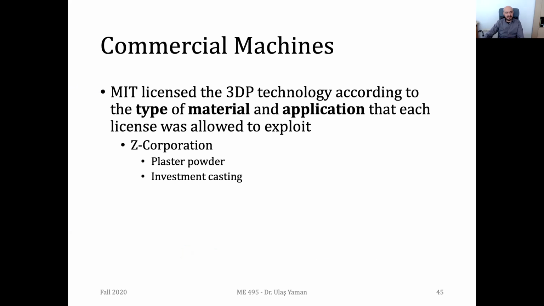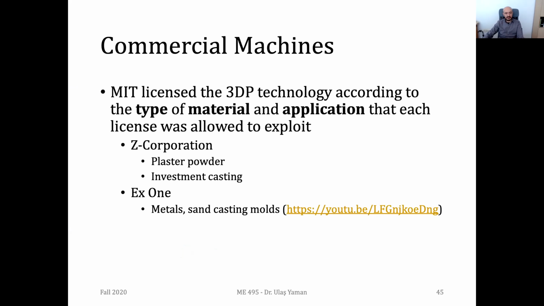And we have, for instance, Z Corporation, or simply Z Corp company. They mainly use plaster powder, and their products are used especially for investment casting. And ExOne company is a very popular one. They use the same technology for metal printing and also sand casting molds.